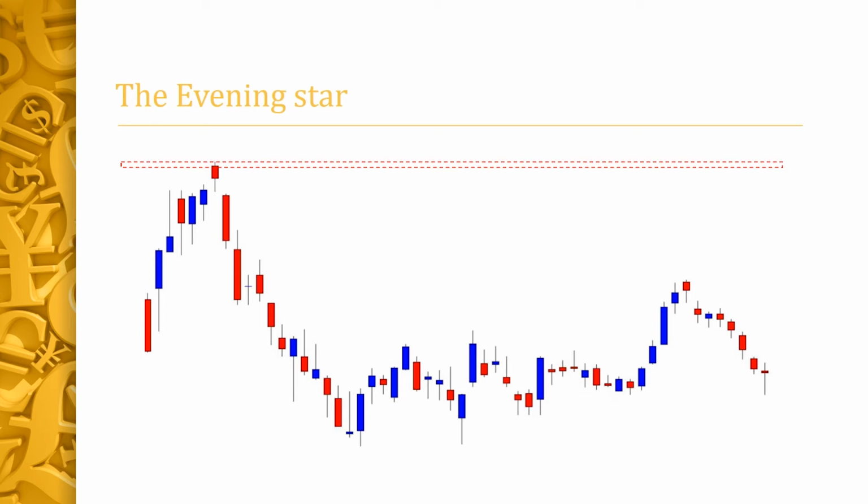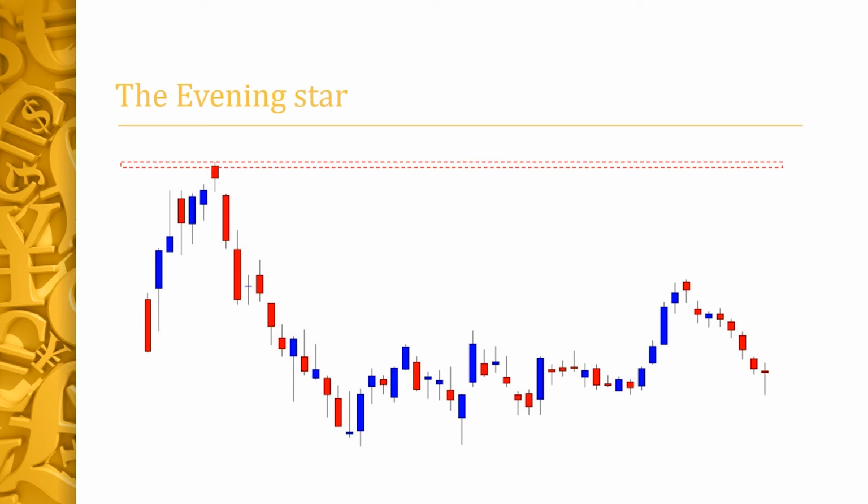So you need a strong uptrend market with large candles, and then a small body candle that, in a stock market, has to gap up, so the body of the evening star shouldn't touch the first and the third candle bodies.